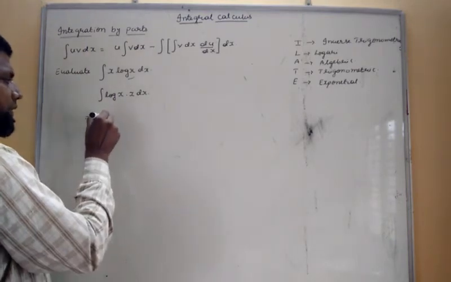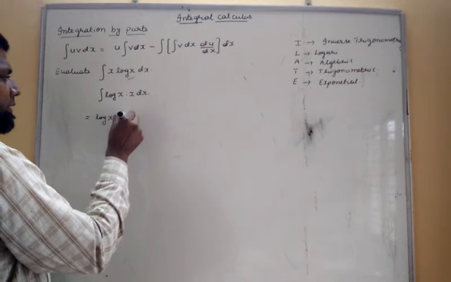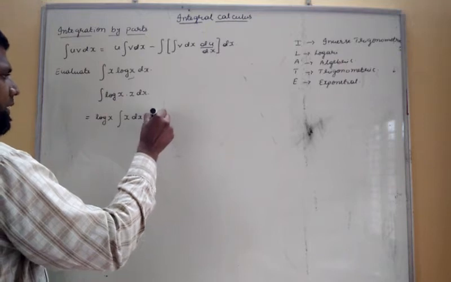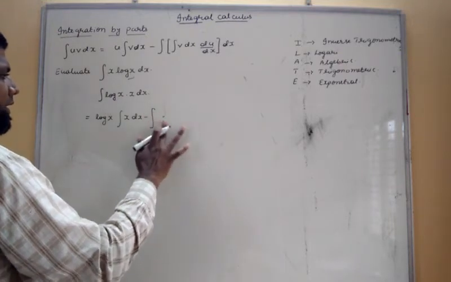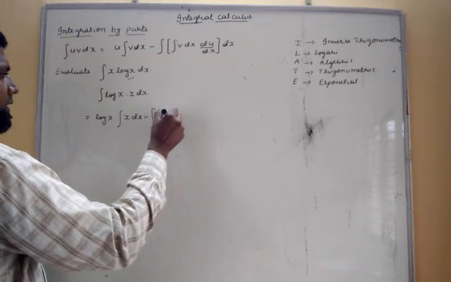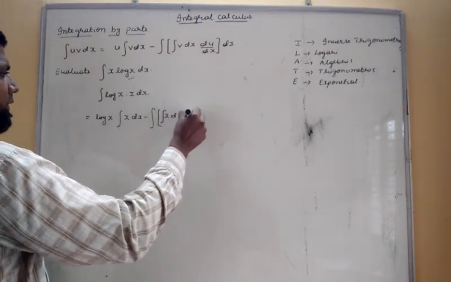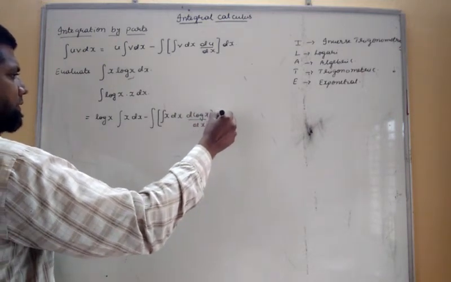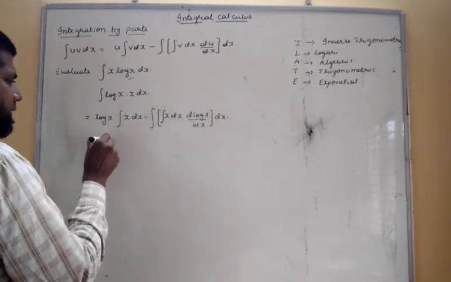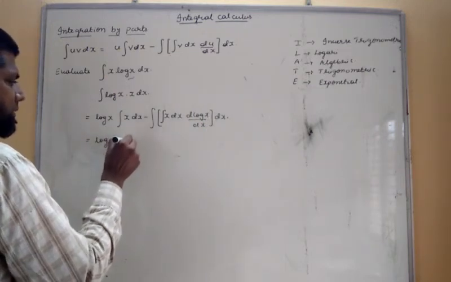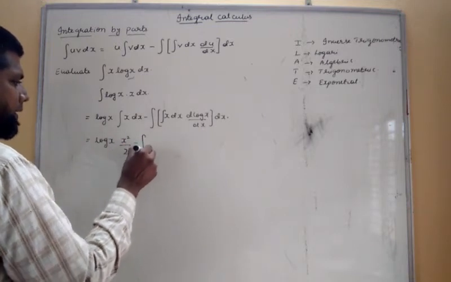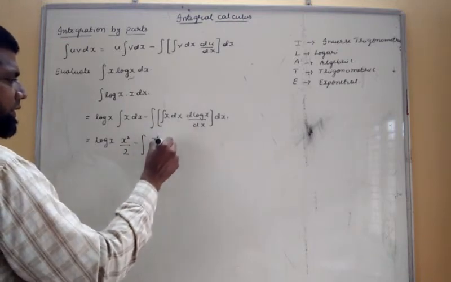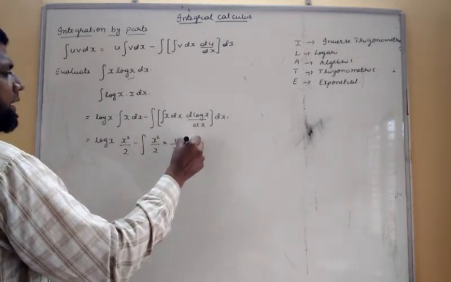Log x as the first function, integration of x as the second function, minus integration of integration of x times differentiation of log x. Here log x times integration of x, which is x square by 2, minus integration of x square by 2 times differentiation of log x, which is 1 by x, dx.